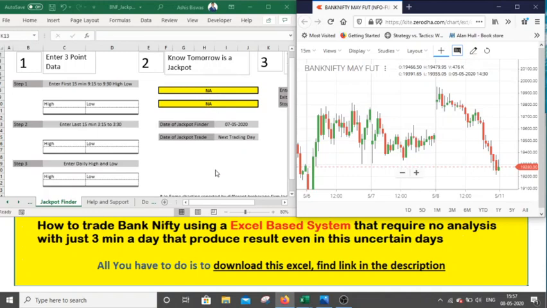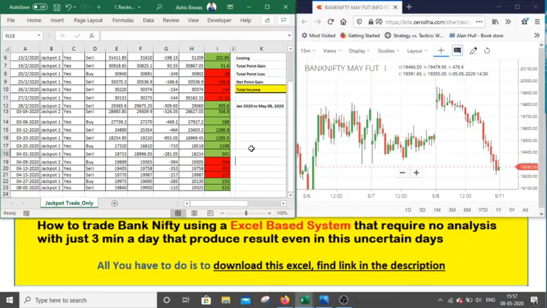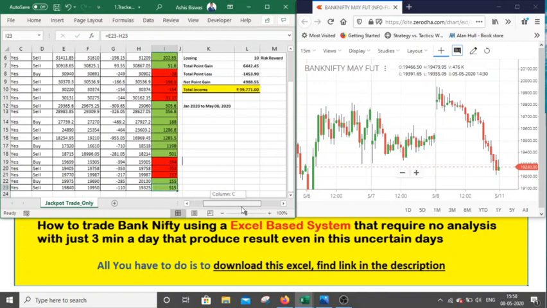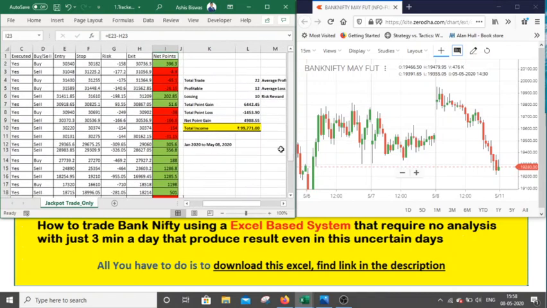I will demonstrate how to operate this, but before that I quickly want to show you the performance of this Excel sheet. Today there was a very good profit of 500 points, 515 points. But at a glance, this performance is for the entire period from January 2020 till date.